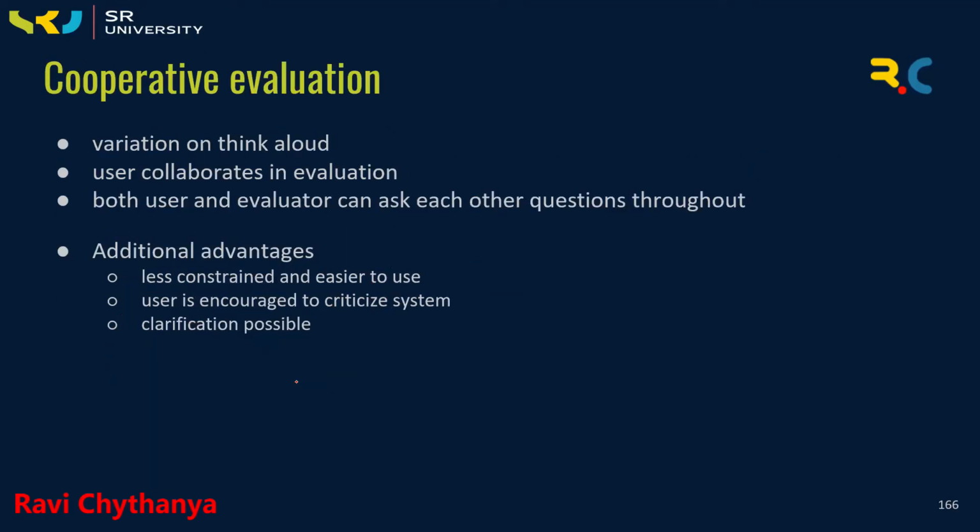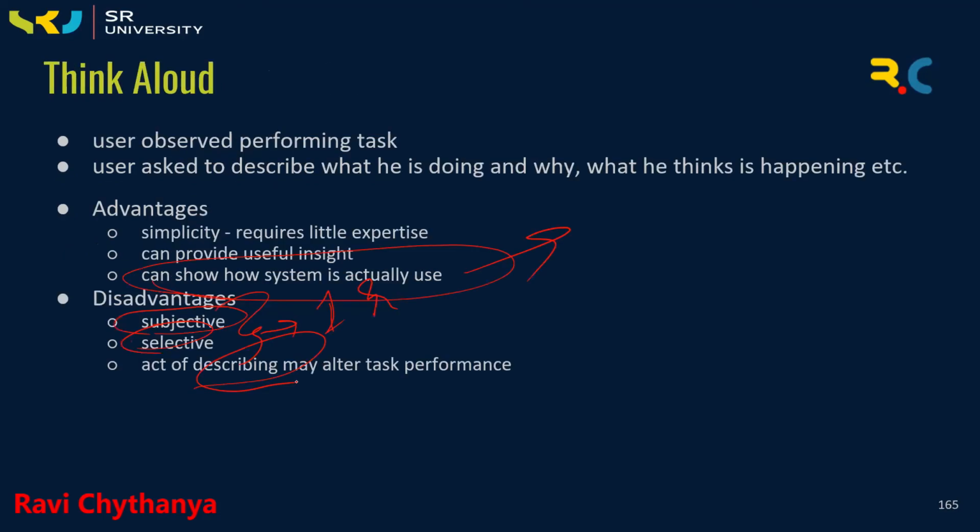And the next one is cooperative evaluation. Here the variation is on the think aloud: the user collaborates in the evaluation. Both user and evaluator can ask each other questions throughout. In the previous think aloud, only the user participates in the evaluation process.